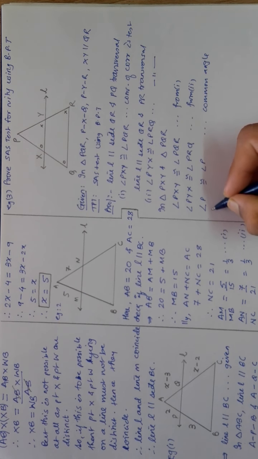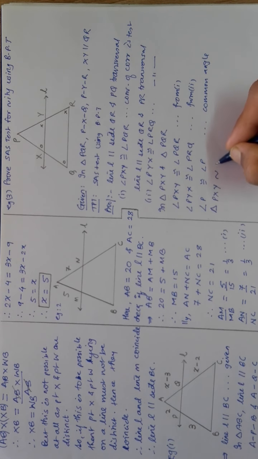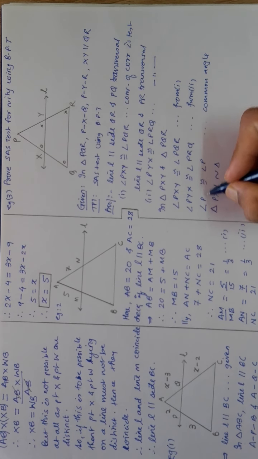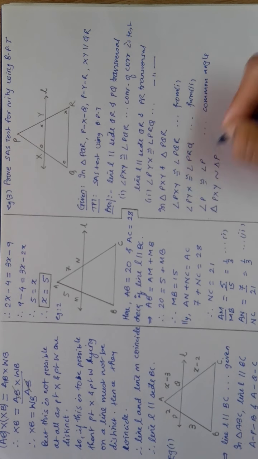So therefore I will get triangle PXY similar to triangle PQR. This I will explain in a further part of similarity: how do I take correspondence?